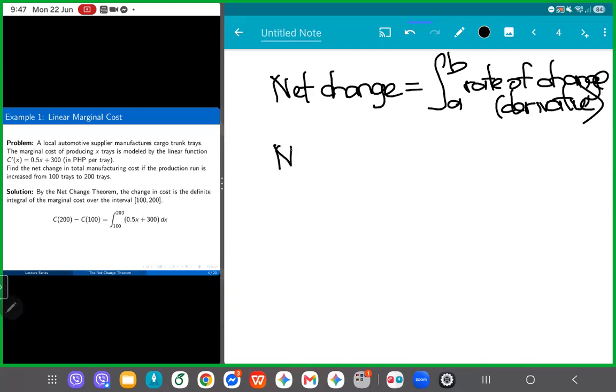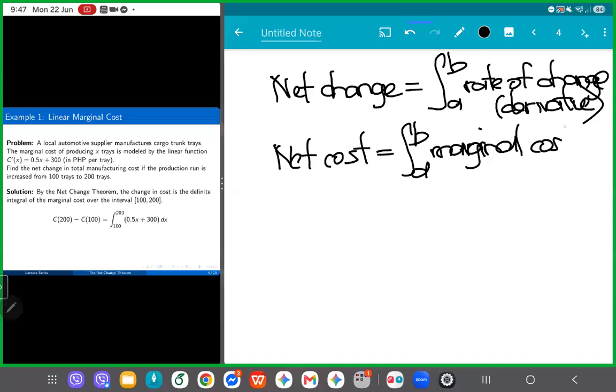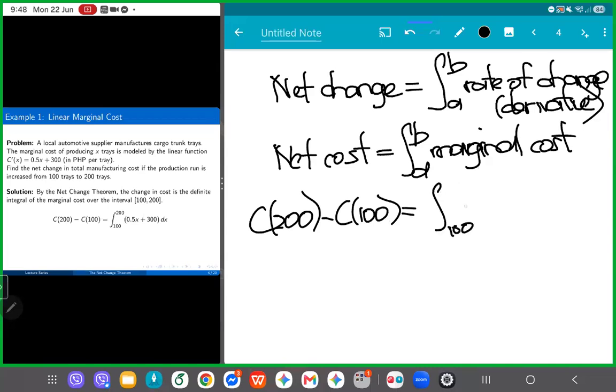So we have net cost equals the integral of the marginal cost. And that's it. You just have to use this relationship to formulate the equation that gives the net cost. So the net cost, again, is given by C of 200 minus C of 100. That's the integral from 100 to 200 of the derivative.